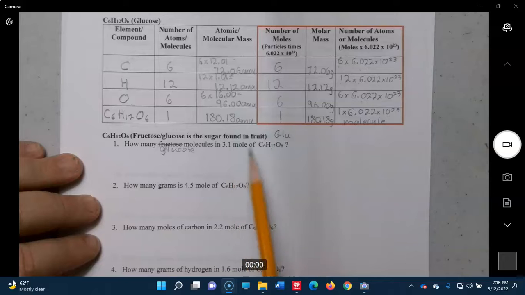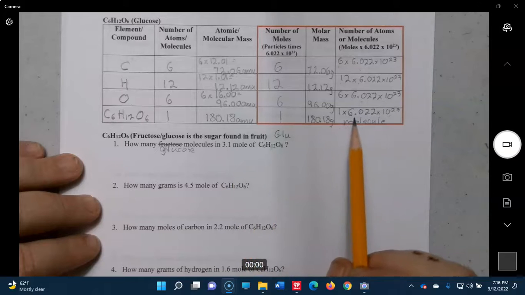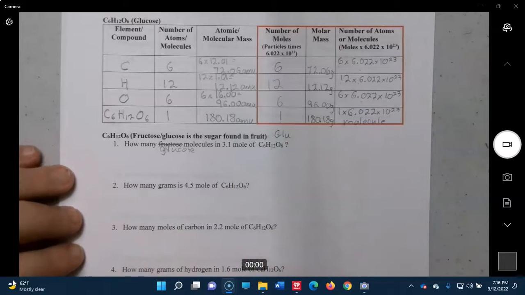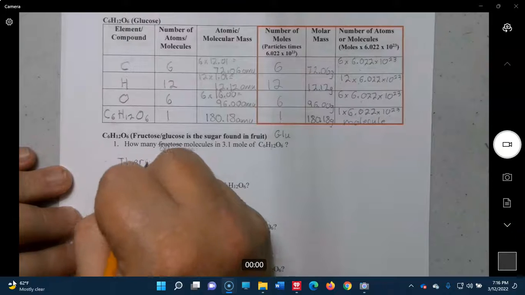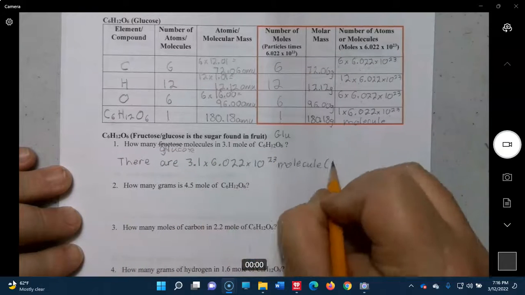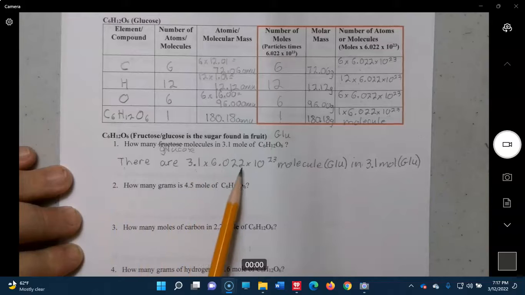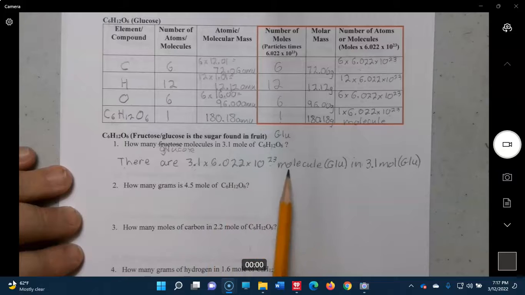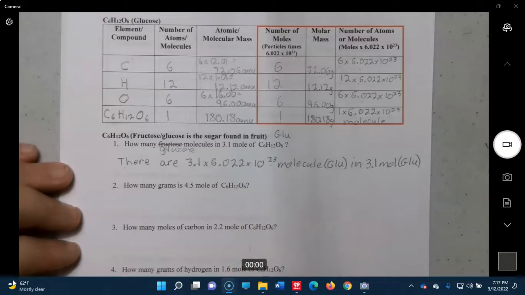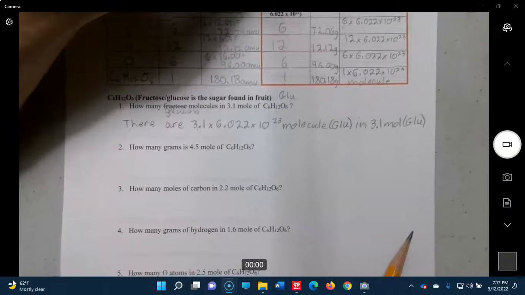So in 3.1 moles of glucose, you have 3.1 times 6.022 times 10 to the 23rd molecules of glucose. You don't have to actually do the multiplication there. I told you that before. So that's your answer there.